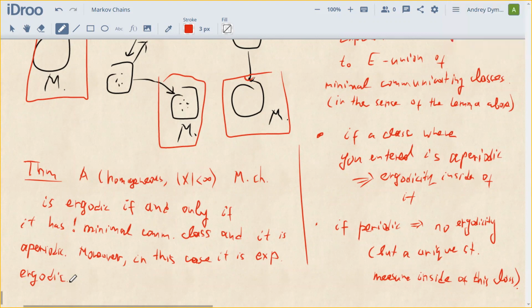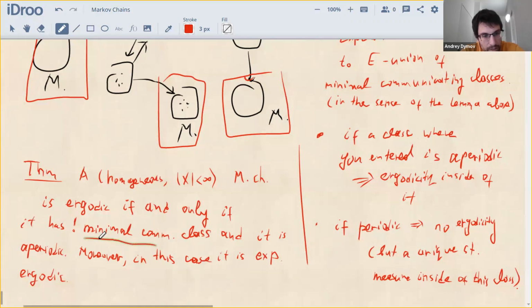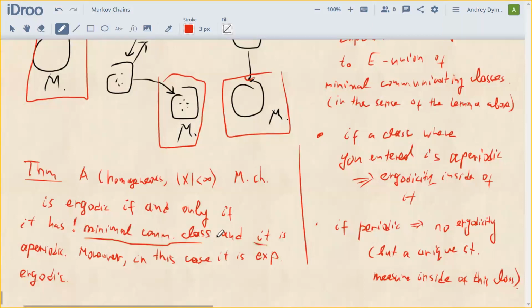Well, so the aperiodicity requirement is for the minimal class, right? Just for the minimal class. Yes, and it is aperiodic, so it means that the minimal communicating class is aperiodic. The period is defined only for an irreducible chain, right?